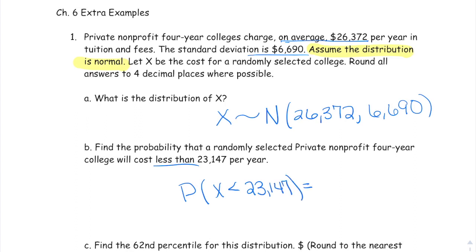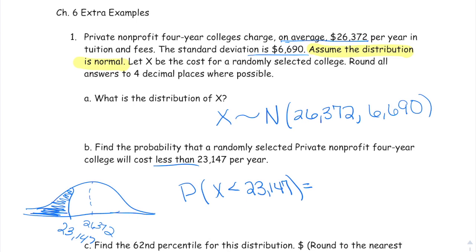If our distribution is normal, it's mound-shaped and symmetrical, and we know the mean is 26,372, then 23,147 is somewhere to the left of that. And we want the shaded area as the probability that we're looking for.